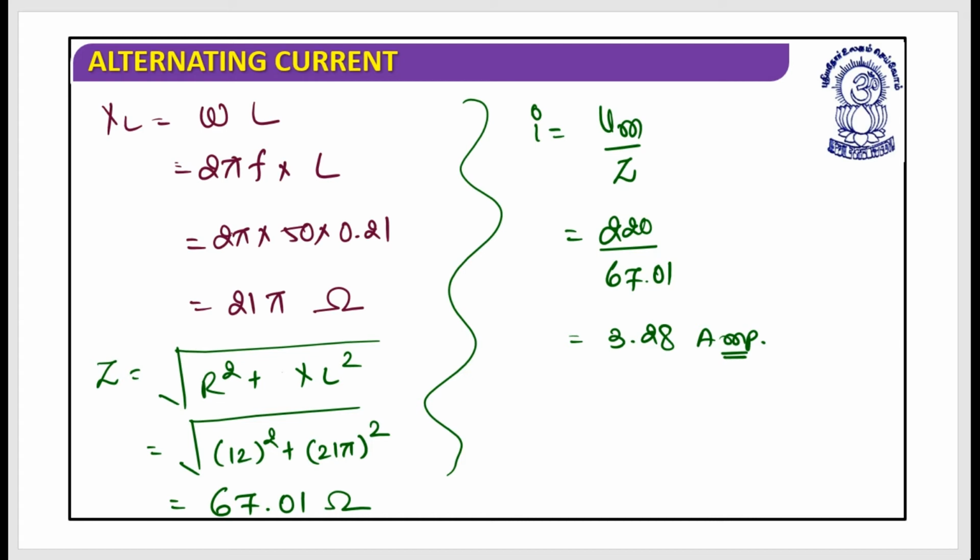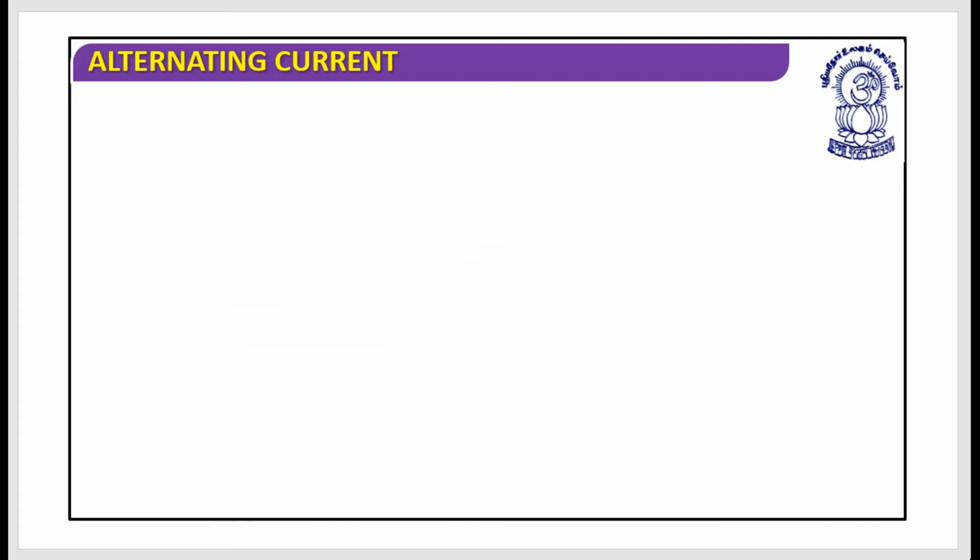Is it clear? Now I want the phase angle between the voltage and current. To find it, let's have an impedance triangle, or we can also have a voltage triangle.